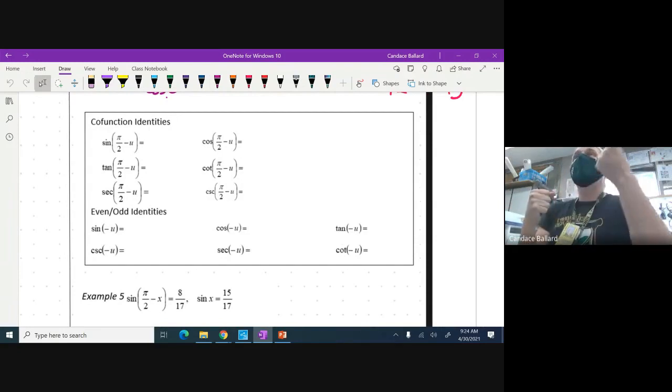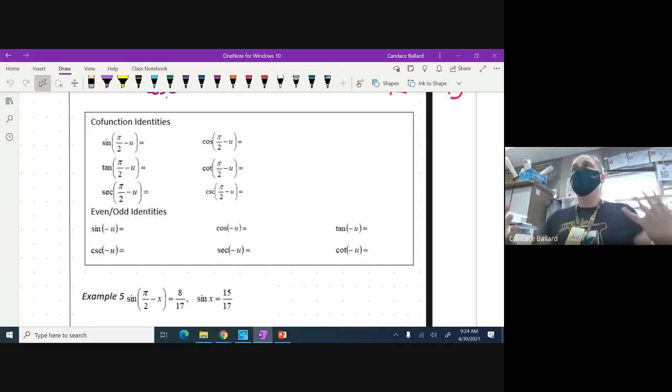The sine of 30 is the same as the cosine of 60. They come out to be the same number, and 30 and 60 add up to 90. We know very well that sine of 45 and cosine of 45 are the same number. They add up to 90. So that's what these co-function identities are saying.